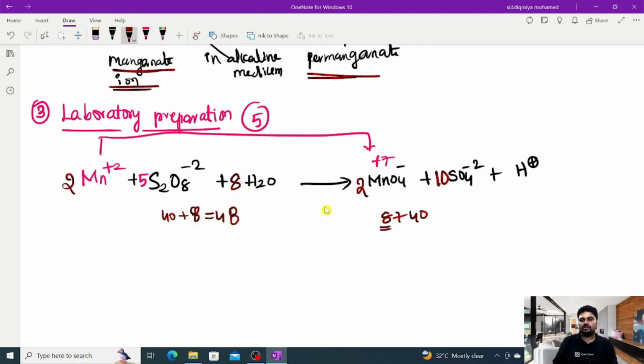So balance with 16 H plus. Now it is a balanced equation: 2 manganese, 10 sulfurs, 48 oxygens on both sides, and 16 hydrogens on both sides.